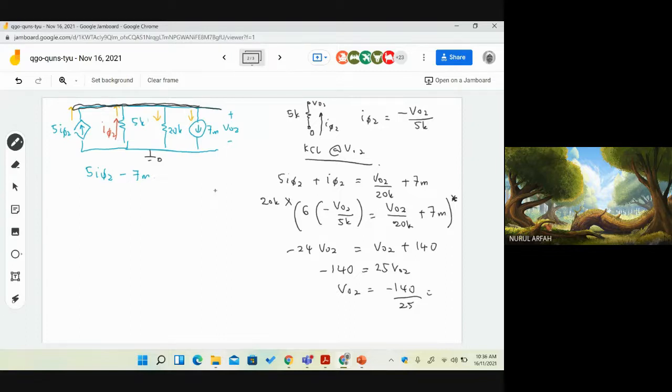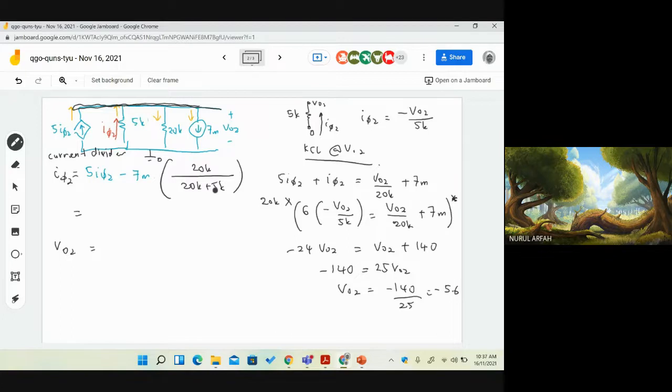Okay, do you get same as mine or not? If current divider, using current divider, then this is I52. Tapi kita tak nak I52, kita nak the other one. Okay, you do the multiplication and you get V02, which is V02 is equal to current.